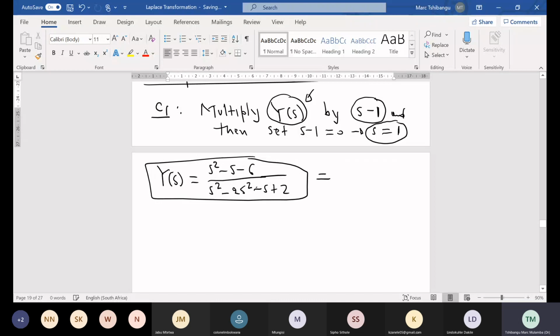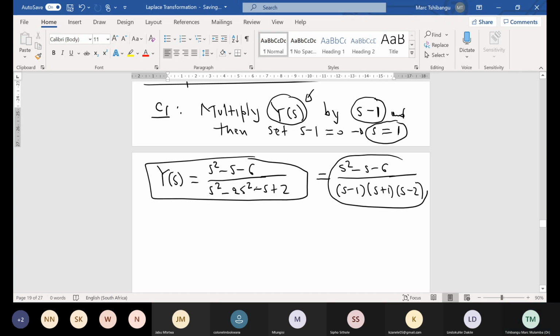So we know that this is also equal to s squared minus s minus 6 over s minus 1 into s plus 1 into s minus 2. So when I say multiply Y of s, I mean use the second version of Y of s. Right, so I'm going to rewrite it. It's going to have s squared minus s minus 6 over s minus 1, s plus 1, s minus 2.